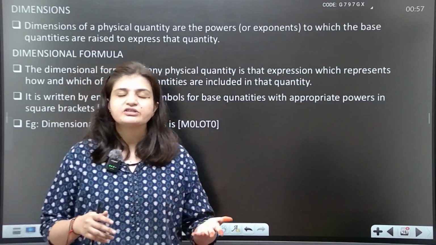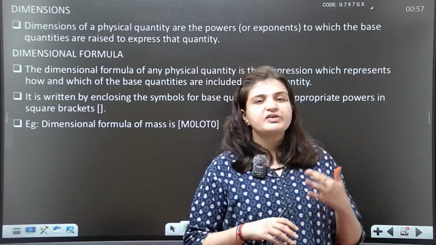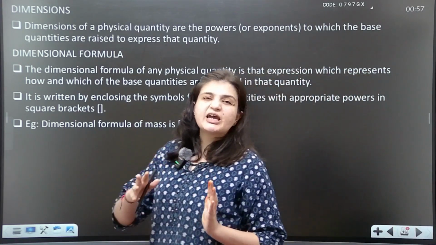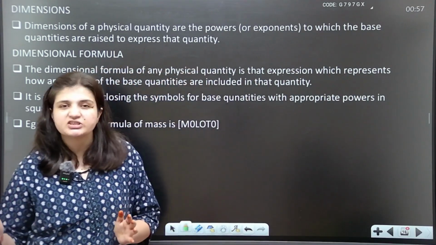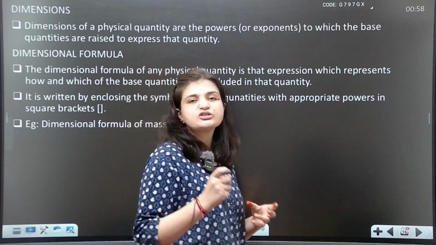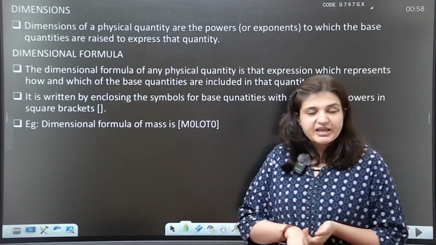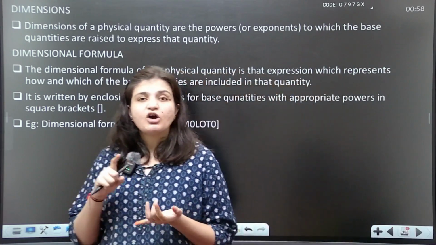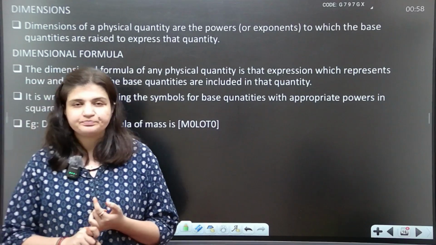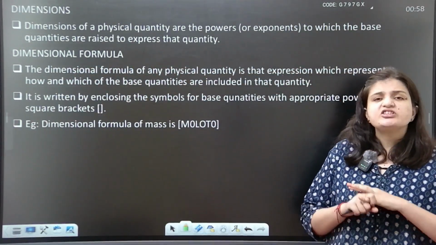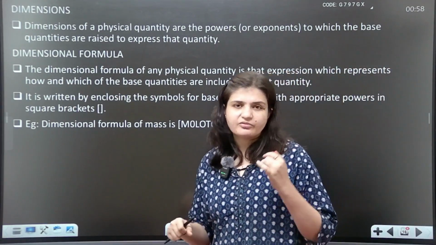We have force, work and power, and then we looked into the various types of systems which scientists have discovered to measure units. Like we have the FPS system, the CGS system, then the SI system, that is the MKS system, which is the standard system followed worldwide.